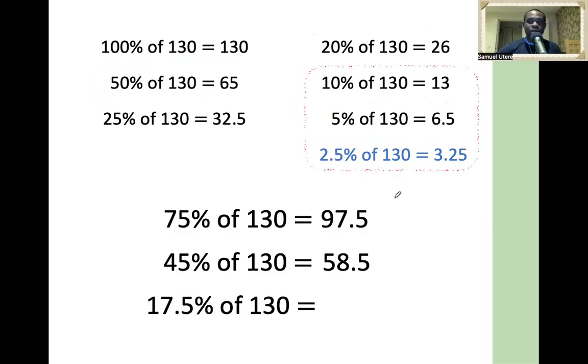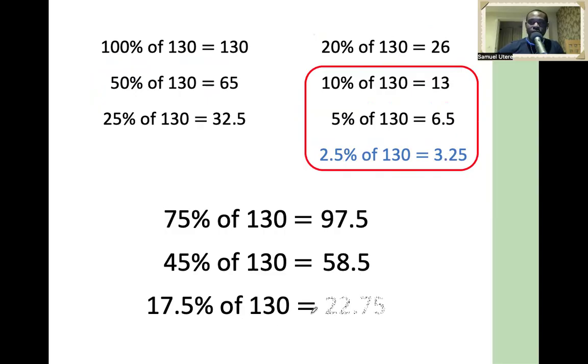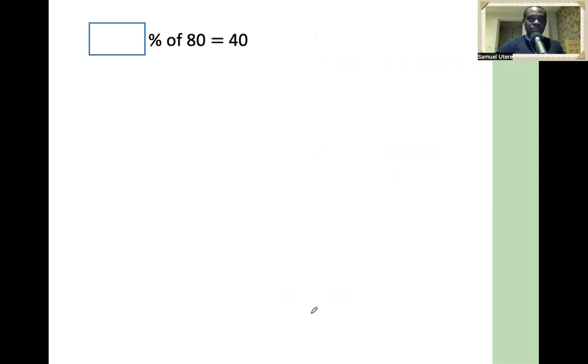Now we can begin to add these, because when we add 10 to 5 and then 2.5, that will give us 17.5%. So adding these amounts will give us this. What we're learning is really useful because it's a mental method of doing percentage calculations. So you won't be required to use calculators when you're given questions like this.